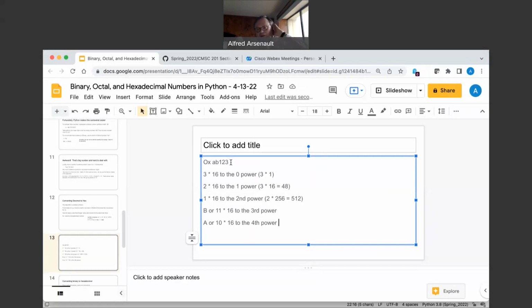Now, 16 to the third power is 4,096. If I haven't made a math error there, this is 11 times 4,096, which comes out to be 45,056. 16 to the fourth power is 65,536.